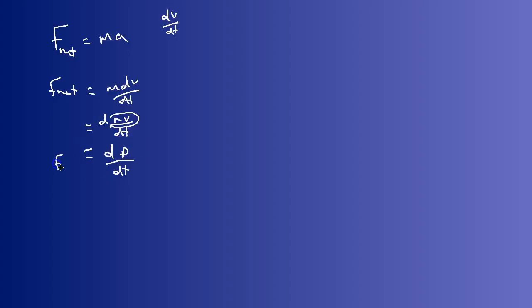So F net equals dp/dt. The net force acting on an object is essentially the rate of change of momentum.